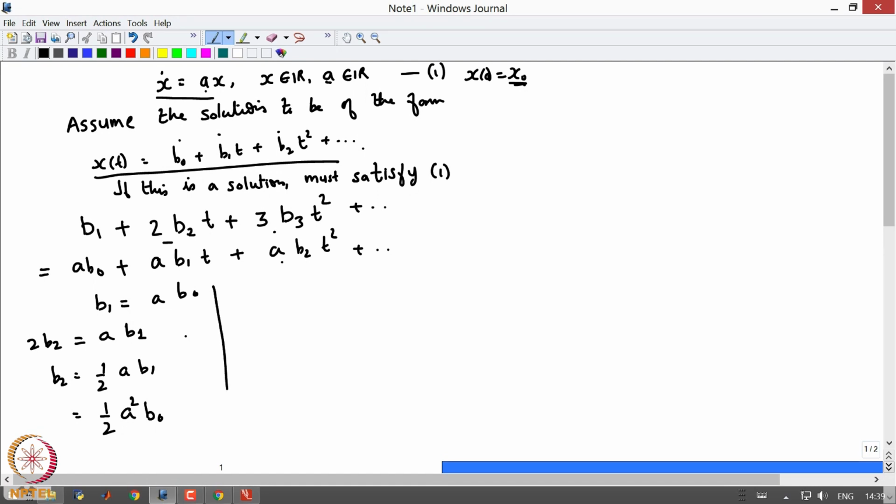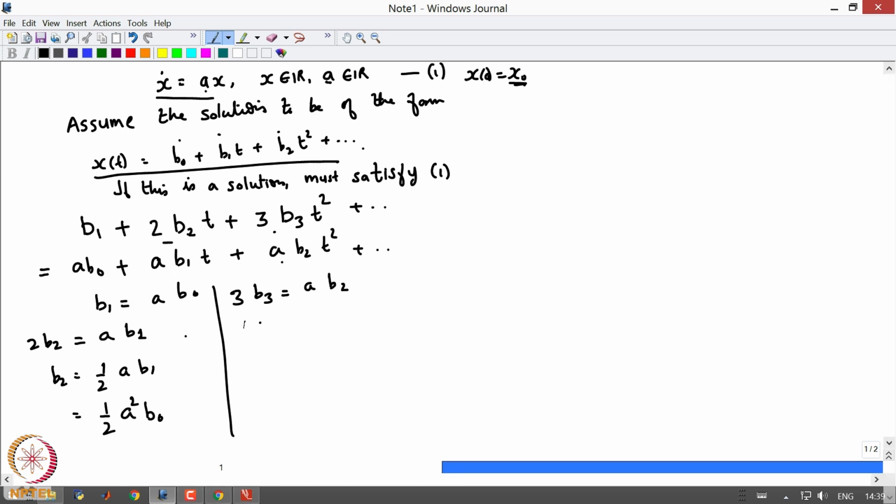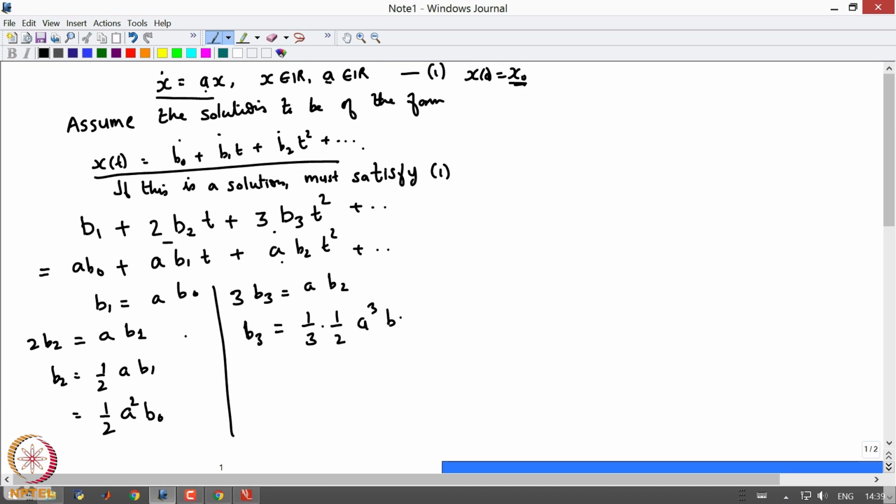Similarly, for the third one, 3 times b3 is a times b2, and this will give me b3 as 1 over 3, 1 over 2 a cube b naught, and similarly b k would be 1 over k factorial a power k b naught.